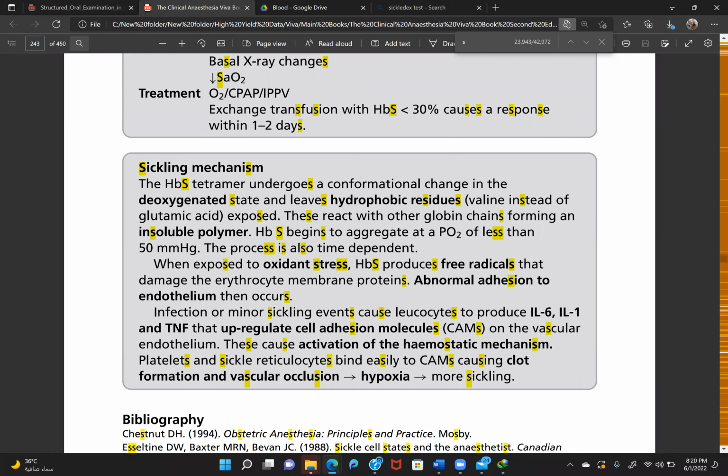This is not too important, but you should know that sickle cell hemoglobin S is because of a change in the amino acid. This hemoglobin has conformational changes, making it not as efficient as the other adult hemoglobin in facing hypoxia. That is the basic theory.